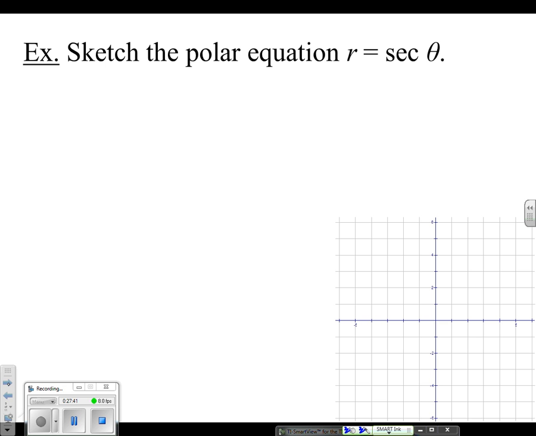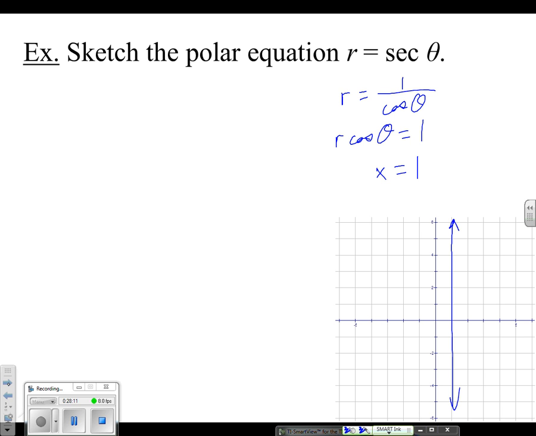So if I think about it, this is r equals 1 over cosine theta, which means that r cosine theta equals 1, which means, well, x equals 1. Right? We learned that r cosine theta is just x. So really, we're being asked to graph the line x equals 1. There it is. Done.